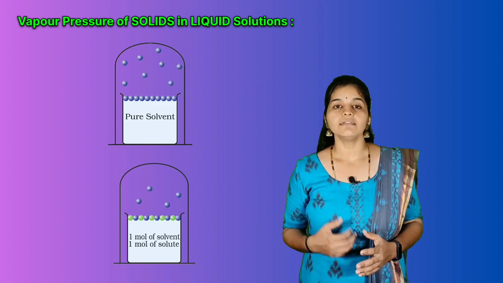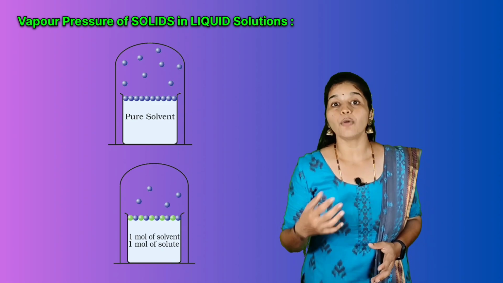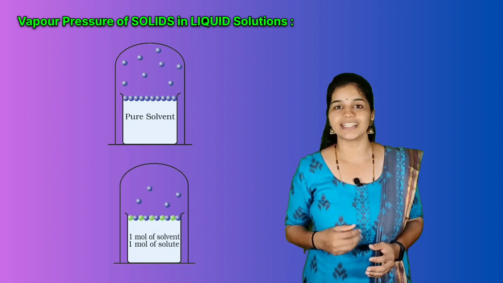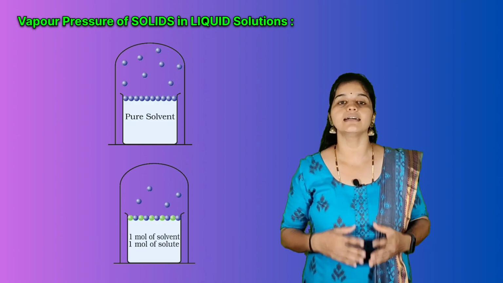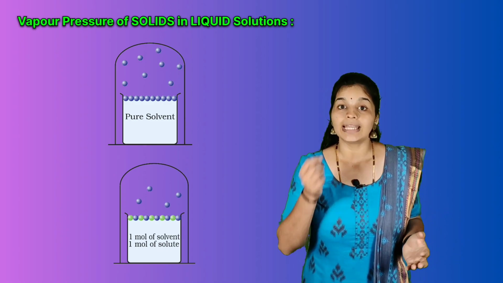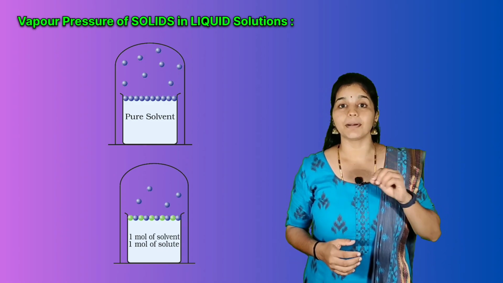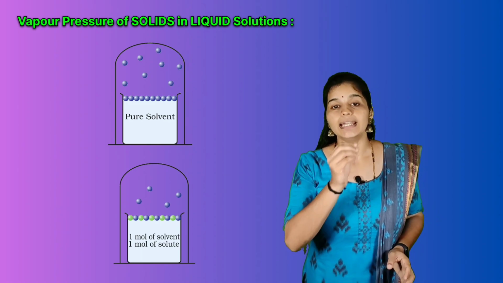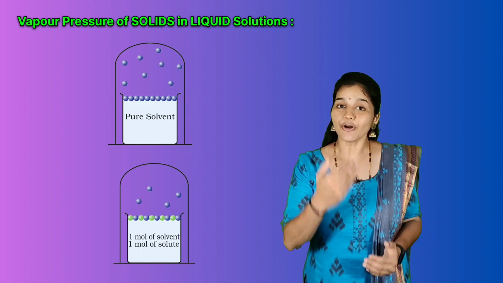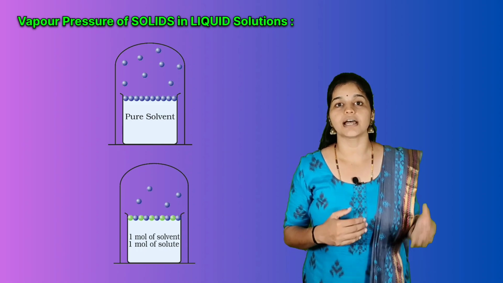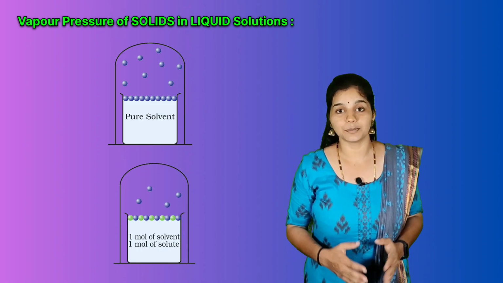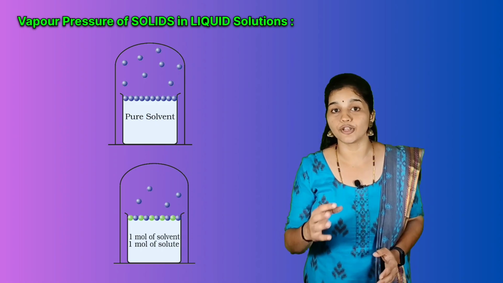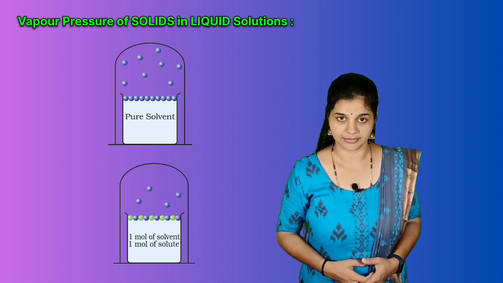And this is how you can explain the decrease in the vapor pressure of pure solvent when we add a non-volatile solute. Now, suddenly you will think, how much decrease would be observed in the vapor pressure of a pure solvent when we add a non-volatile solute? This decrease in the vapor pressure of solvent depends on the quantity of non-volatile solute present in the solution, and this does not depend on the nature of the solute particles which are added.